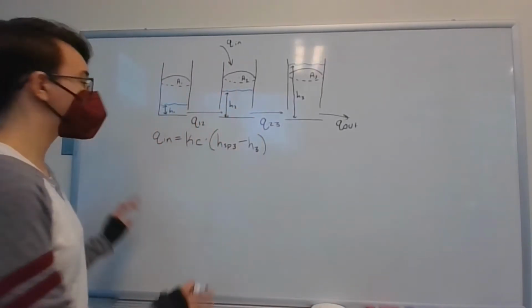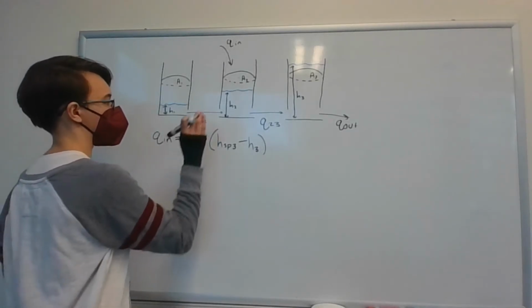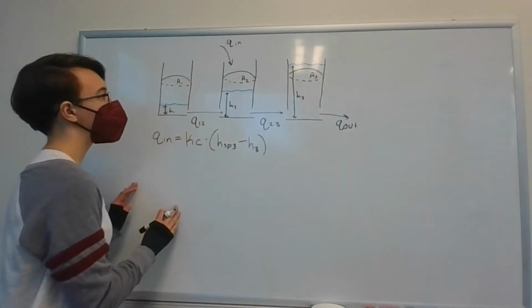All right, so we know what Qin is. Next, we're going to want to find Q12, Q23, and Qout.